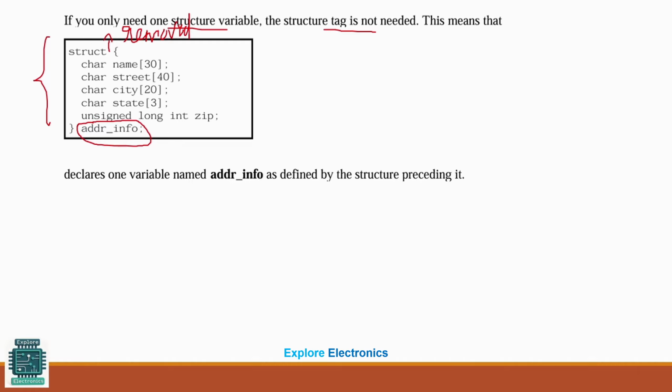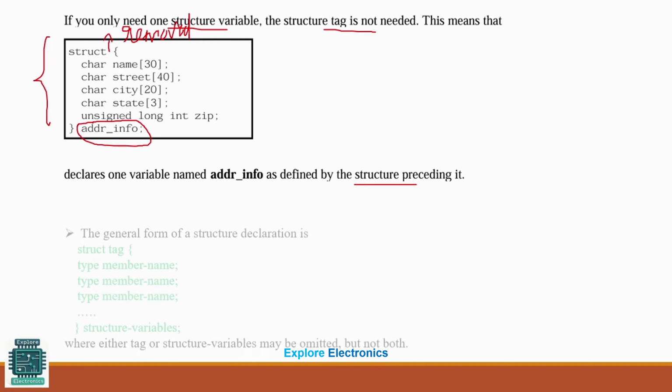It means if we are using only one structure variable, then there is no need to use the structure tag. You can eliminate that. It is not required. In the previous example, they have written struct addr, which is the structure tag. But in this example, they have removed it because only one structure variable is used. And here it declares one variable named address information as defined by the structure preceding it.